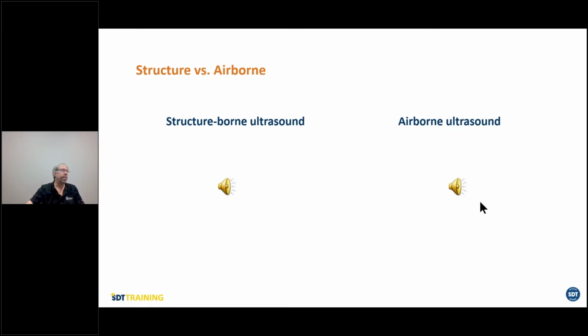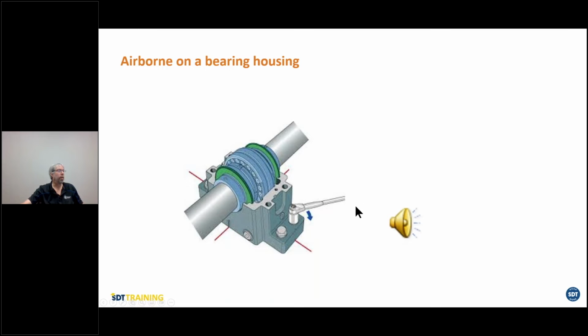You can hear distinctly 2 different types of sounds. The structure-borne sounds more mechanical, and the airborne sounds more bubbly, but nevertheless, you can detect the bearing with either sensor. Now here's another structure-borne with the airborne sensor.